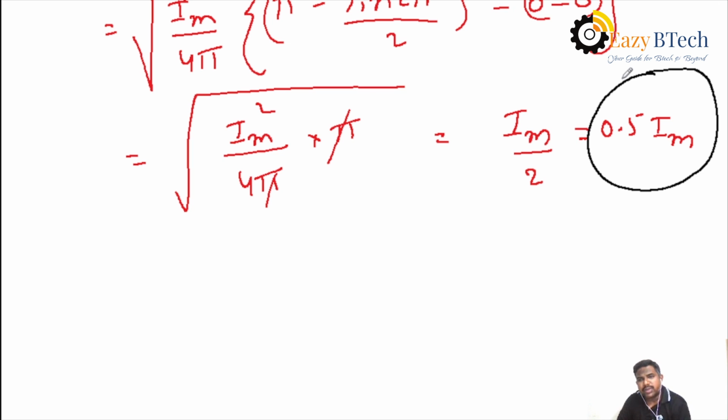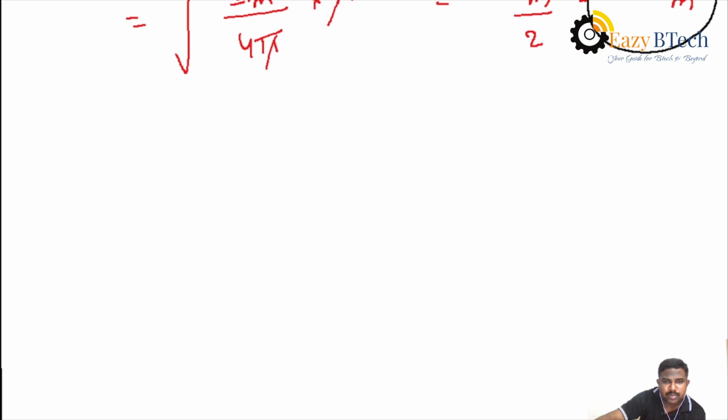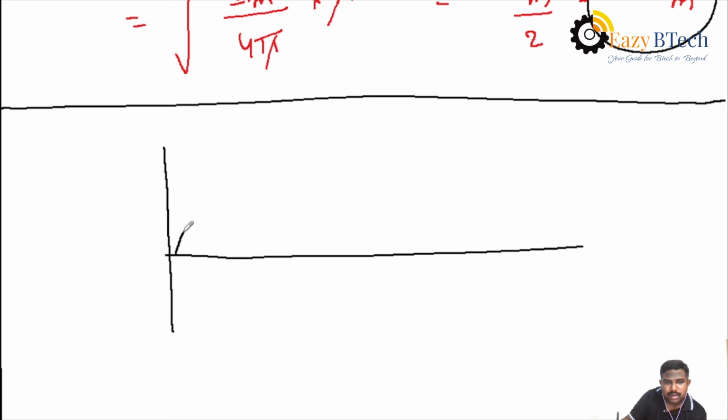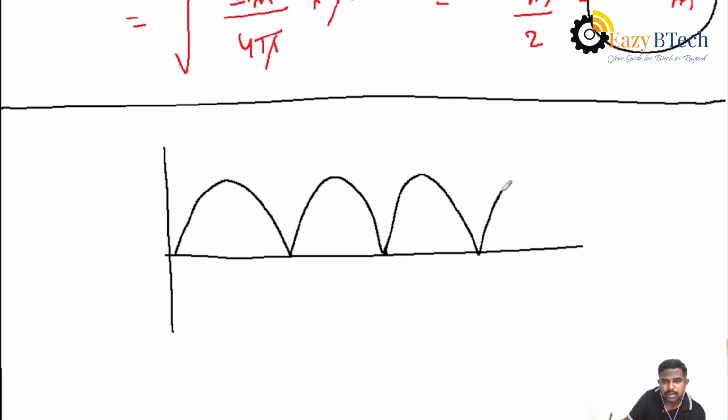Okay, like that you can also find out the average value and RMS value for the full wave rectifier also. Okay, in this example I am just showing how to find out the function value for the full wave rectifier. The other example is the full wave rectifier, where the output has only positive peaks. There is no negative peak here.